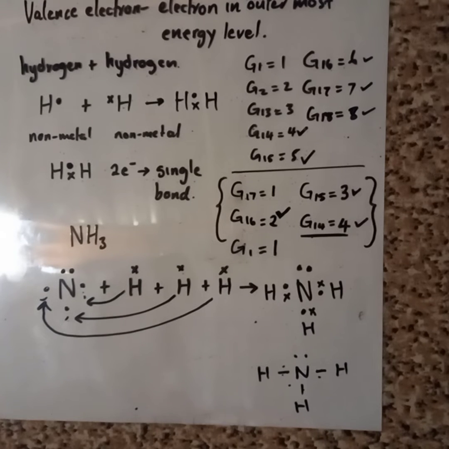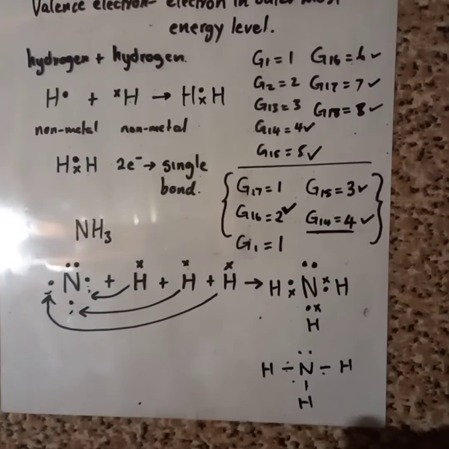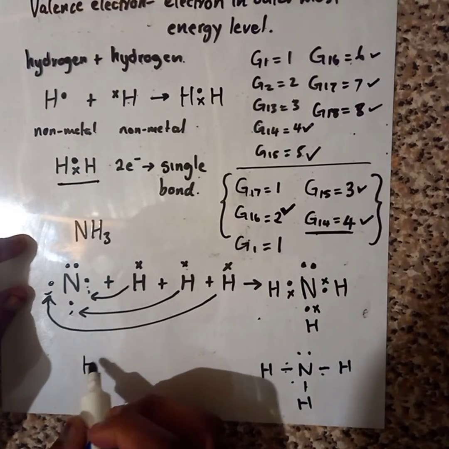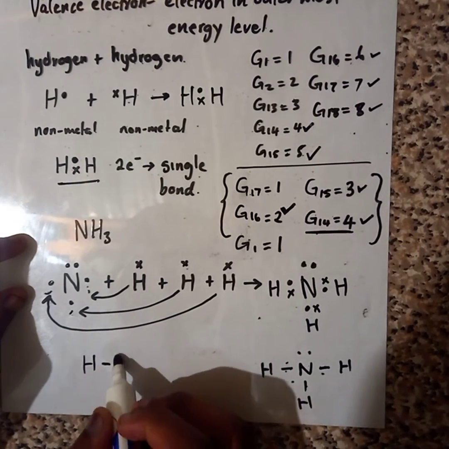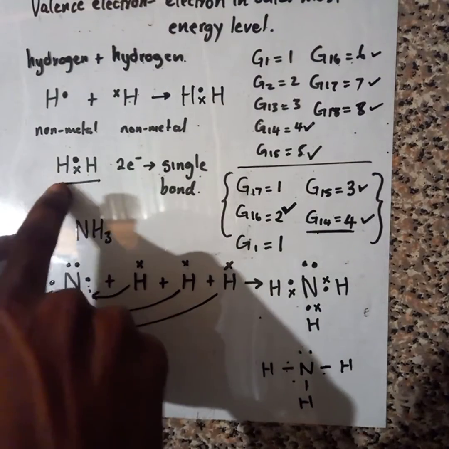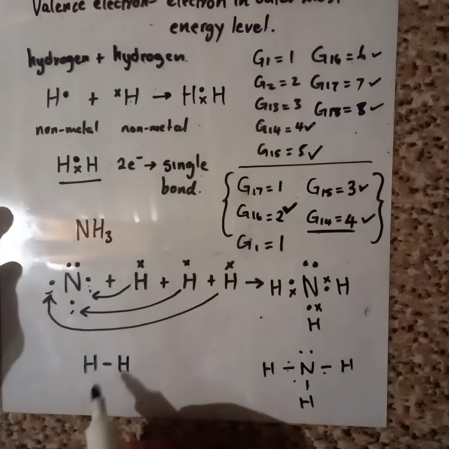See, now lastly, I want to highlight something. Okay, let me just leave out this one. Then if I take these 2 hydrogen, I'm going to have a line which is like this to represent the bond between these 2 hydrogen. Check this now.